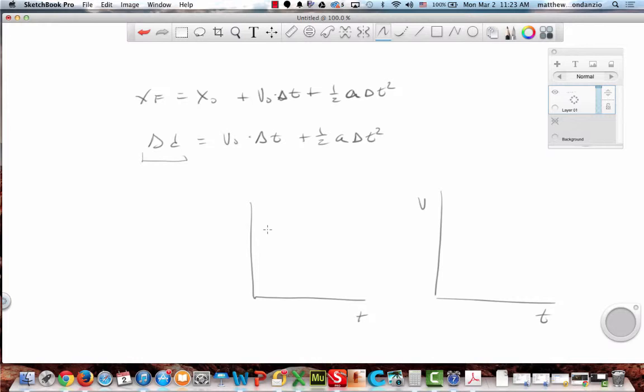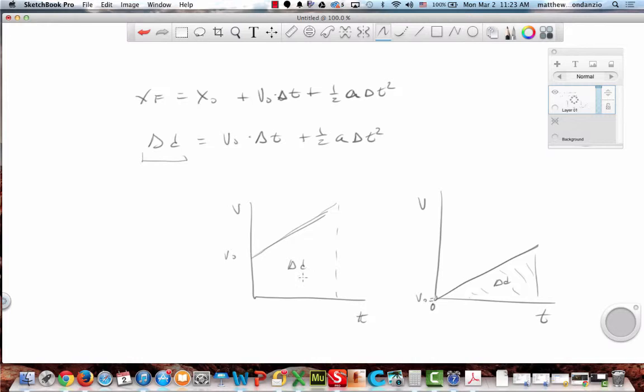Velocity and time. I'm going to do two different things. In this case, where I start at a zero initial velocity, the delta distance is the area under the triangle, right? Because remember, the constant velocity would be the area under the square. However, if I'm starting at some initial velocity that's not 0, the area under the curve is all of this area.